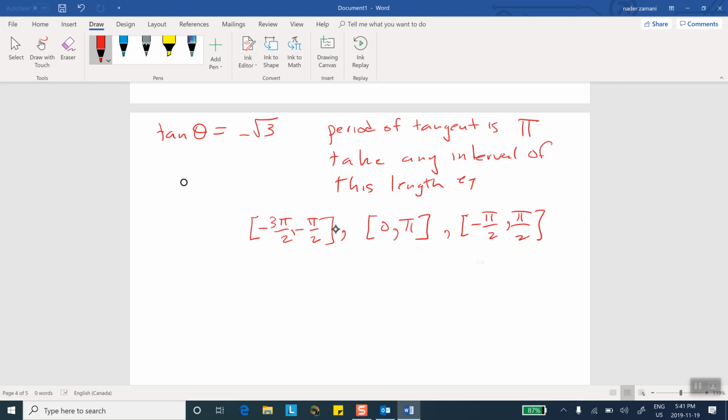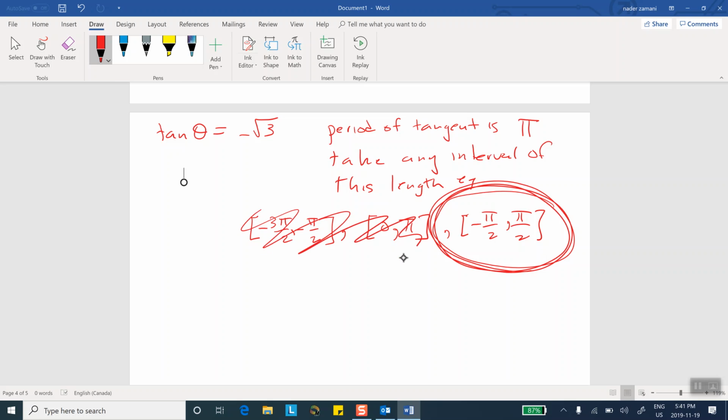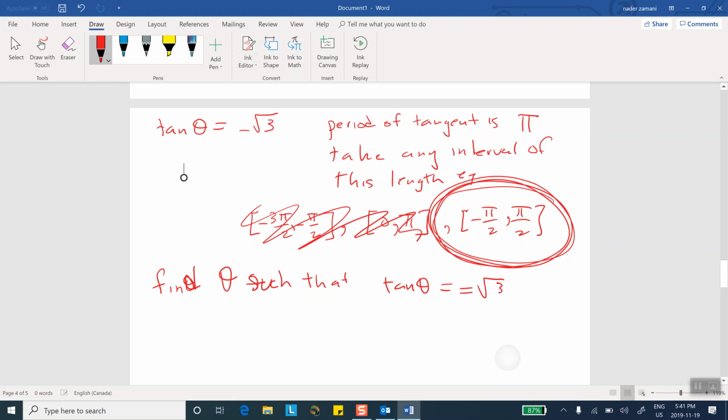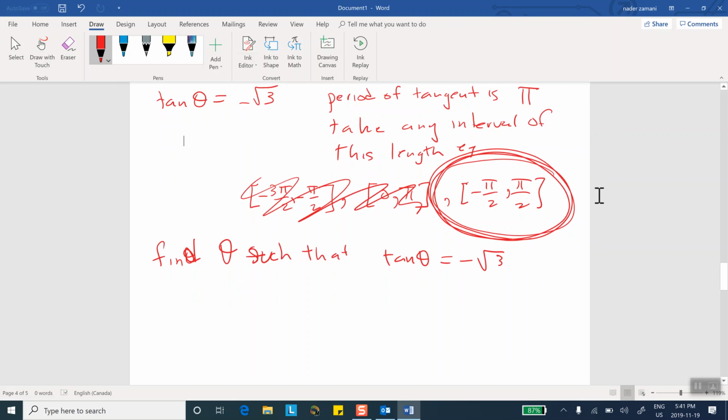So, for tangent, this is very nice, right? Just like for sine, 0 to 2 pi was nice, okay? So I'm not going to worry about this. First thing that you do, find theta such that tan of theta equal to minus root 3, and it is in the interval that you select.